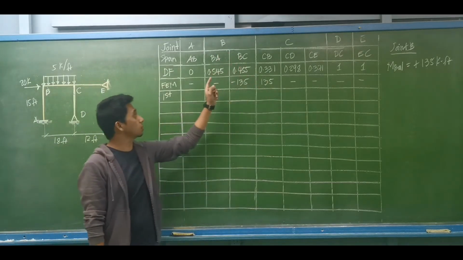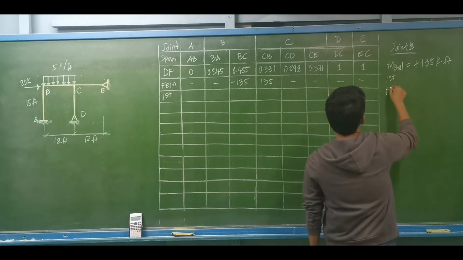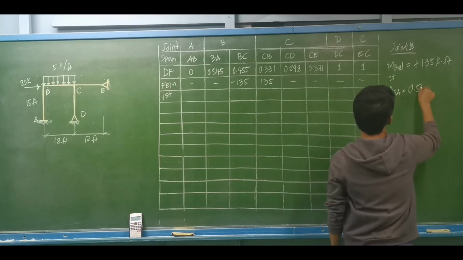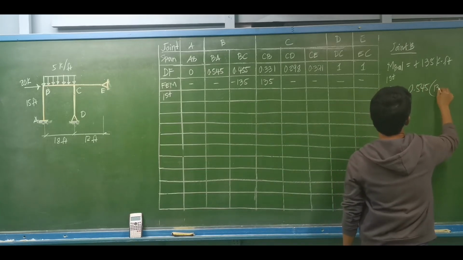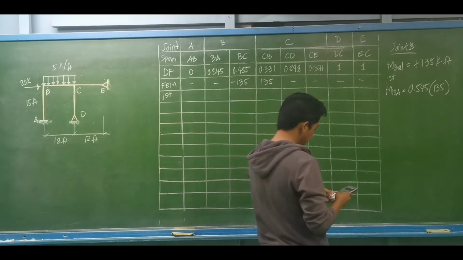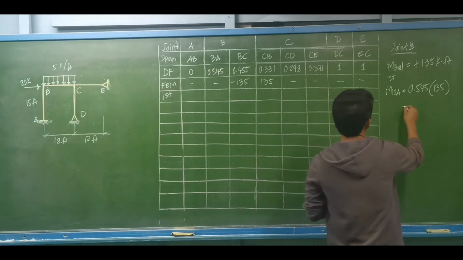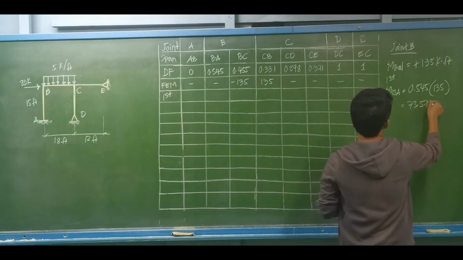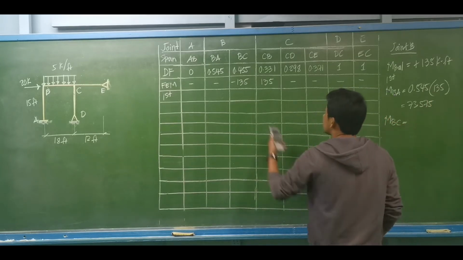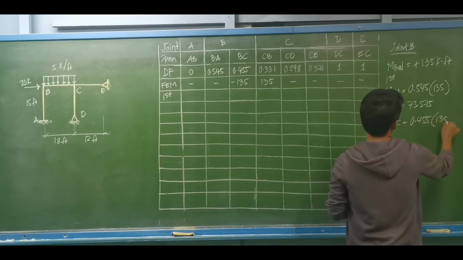We are to use the distribution factors. Under the first distribution, the moment for BA is equal to your distribution factor 0.545 multiplied by positive 135, which is 73.575. And the moment for BC is the distribution factor of 0.455 multiplied by 135.